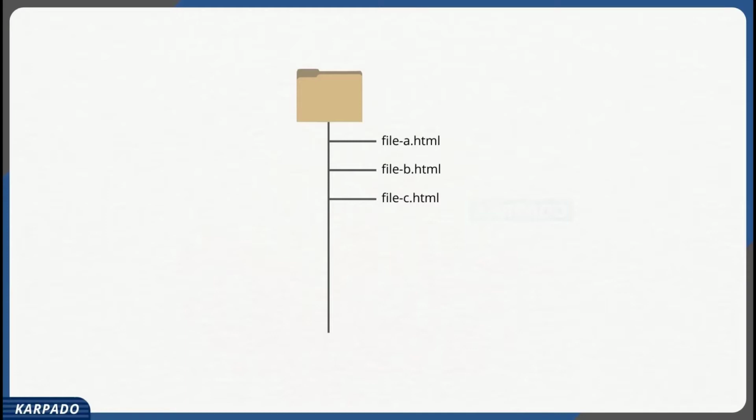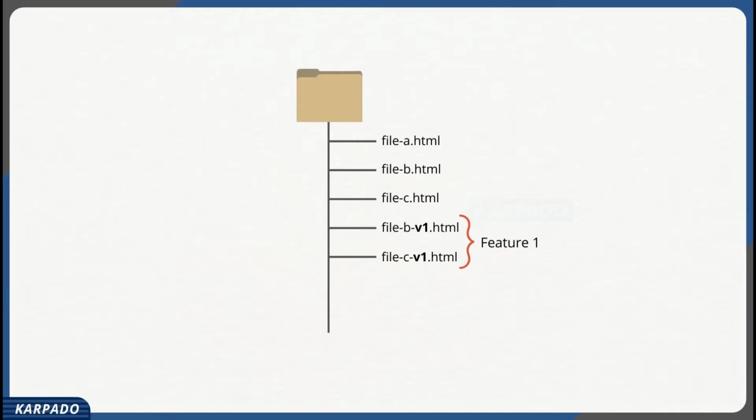Now assume that Sundar is introducing a new feature which has something to do with file B and file C. So instead of creating a copy of the entire folder, Sundar is going to make a copy of the latest version of these two files. So he's going to make a copy of file B and file C, and introduce all the code required for feature 1.